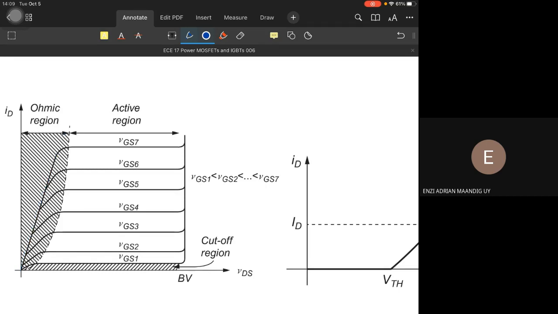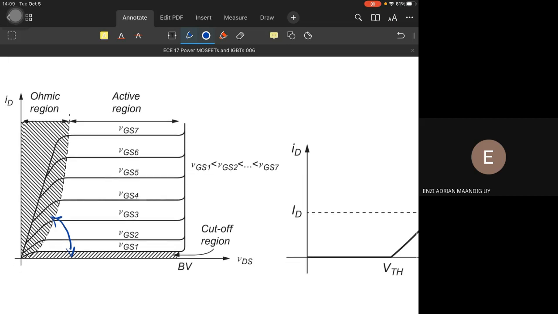So if we want to use the MOSFET as a switch, it changes state from ohmic to cutoff and cutoff to ohmic region. And as an amplifier, in the active region, for which we know the MOSFET is not best suited for amplification. That is a topic before in LX2.